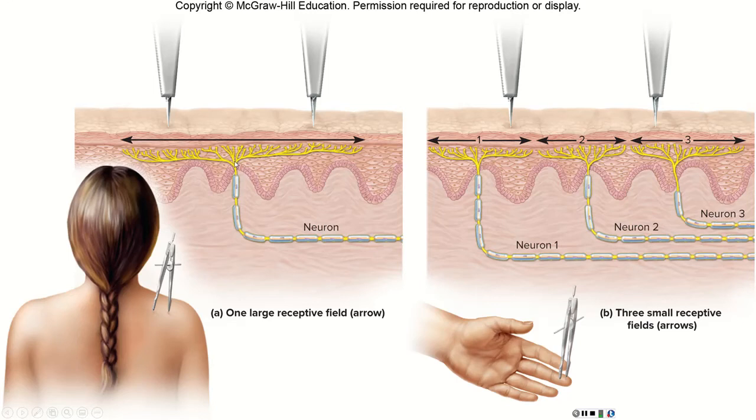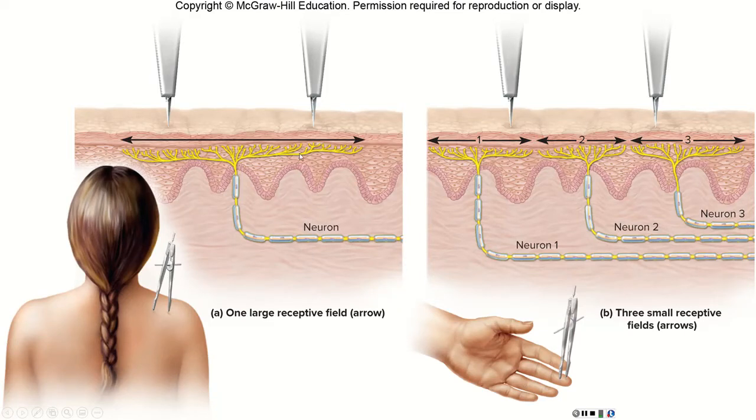So on the back of your shoulder, you could have 2 points pretty far apart, but it's only going to feel like 1 point. To demonstrate this, if you have someone that can do this for you, pull your shirt up so that the back of your shoulder is exposed, and have them take 2 pencils and tap like we see right here. And chances are you're only going to feel 1 point because that one neuron covers a really wide area.